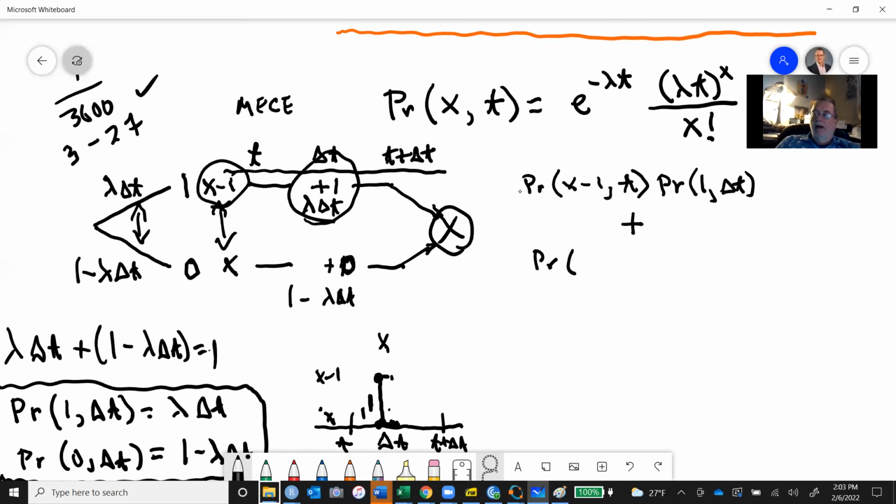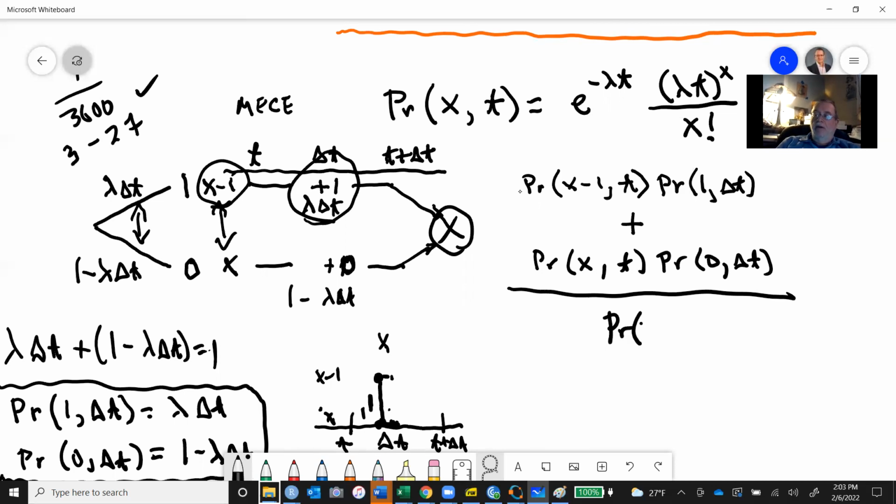Probability of X at t: that's the probability of nobody coming in, no particles being emitted, no defaults occurring. We get the probability of X at t plus delta t. Okay, we have an equation.